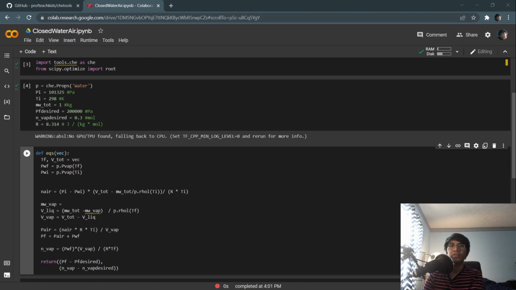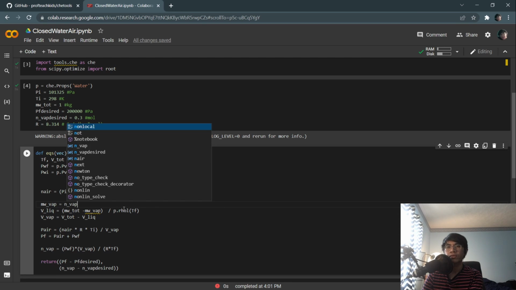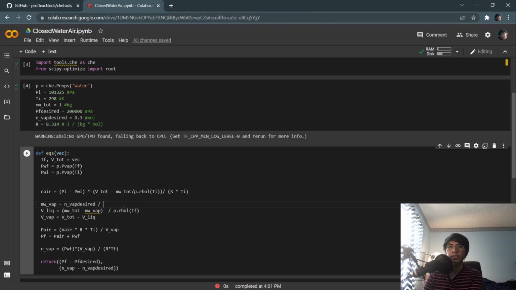So for the mass of our water vapor, we can now use our moles over molar mass. That is our moles of water vapor desired, what we initially had, or will have, I suppose, given the sequence of time in the problem. It is our moles of vapor over our molar mass, which is 18 times 10 to the negative third.